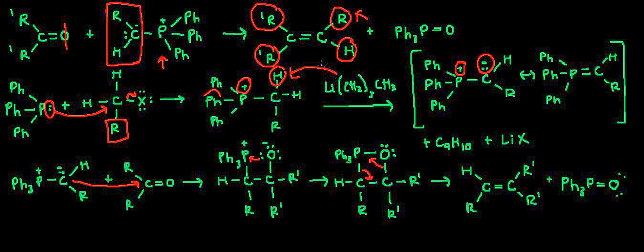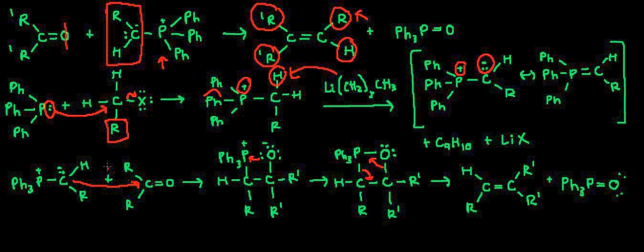So there is going to be some positive character and some negative character on both of these things. And with this, it's easier to see that it's got nucleophilic capabilities. It's easier for me to remember. That's why I use that.